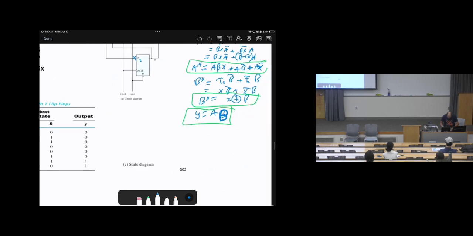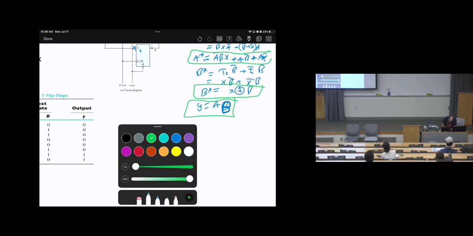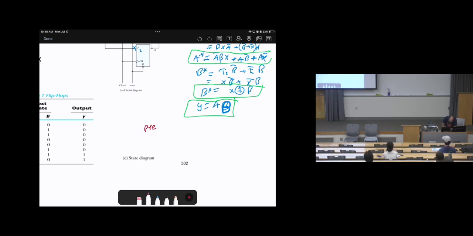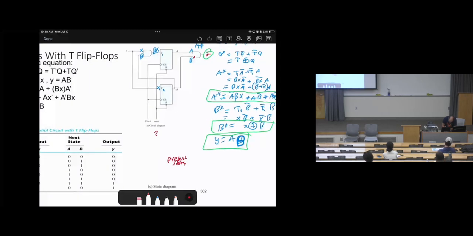So let's make the state table. We have a present state. Let's look at how many flip-flops. We have 2 flip-flops, 1 input. Therefore, 2 power 3 equal to 8 possibilities.